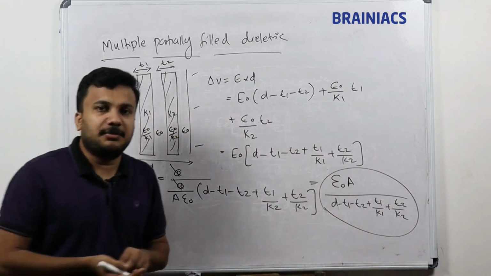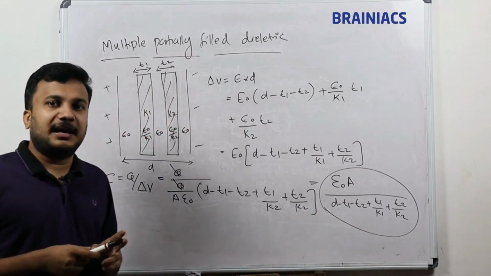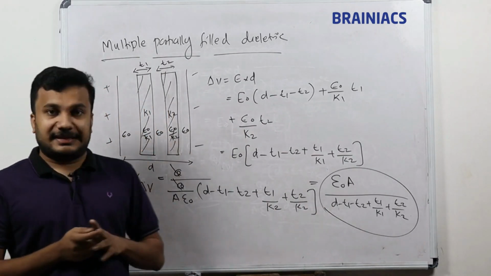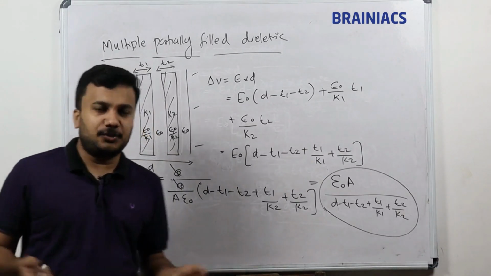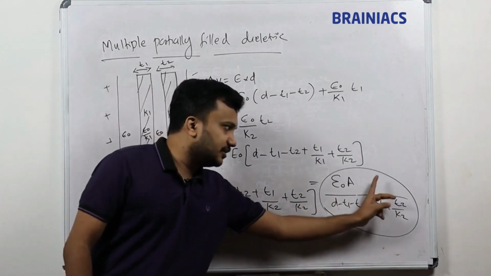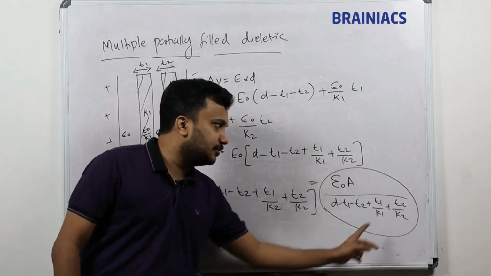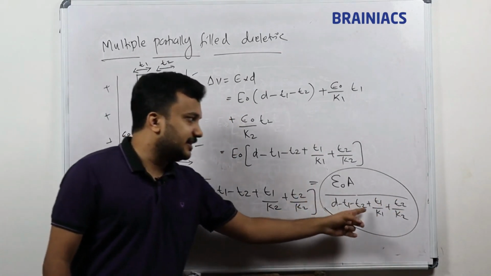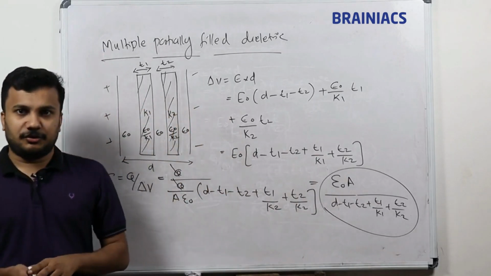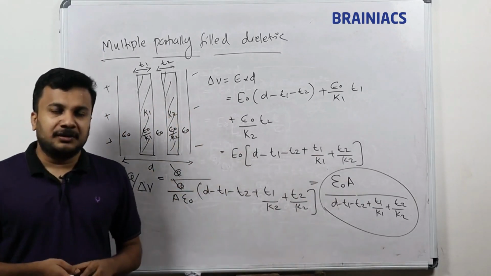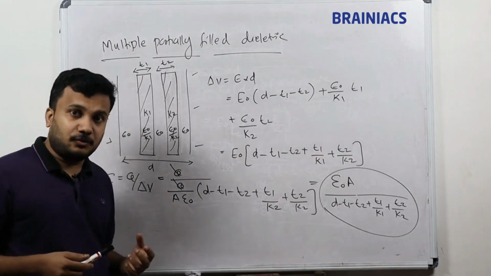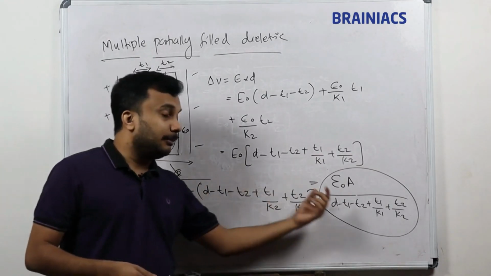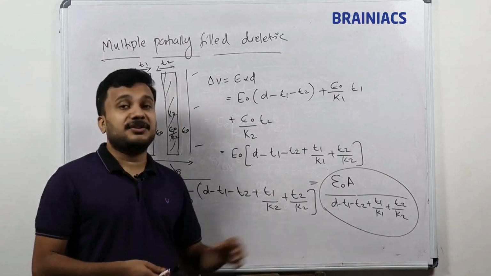In the previous example, we had only one dielectric, K1. K1 is equal to K there and T1 is equal to T. There is no K2, there is no T2. So these two terms you can remove, and D minus T plus T by K is what we previously got. That is for one dielectric. But now we have multiple dielectrics. So remember this formula.